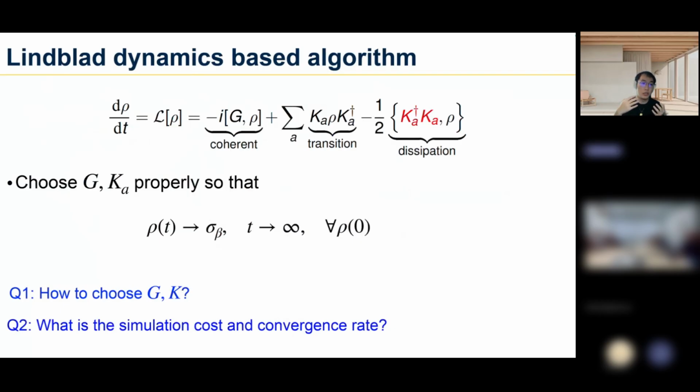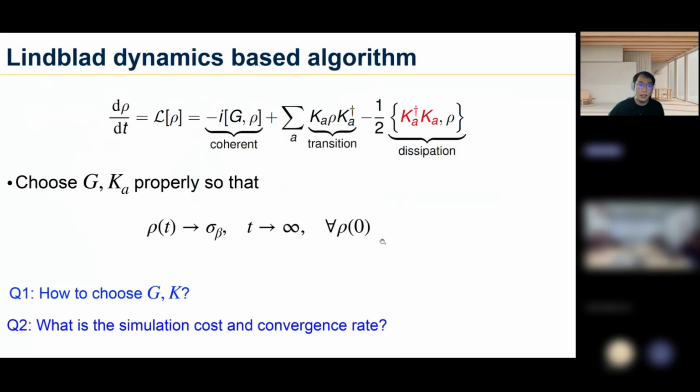Basically, to solve this problem, we want to construct a Lindblad dynamics to make sure that the solutions converge to the targeted thermal state or ground state when we let t go to infinity. And I want this to happen for any initial state, so that my algorithm does not require a good initial state.